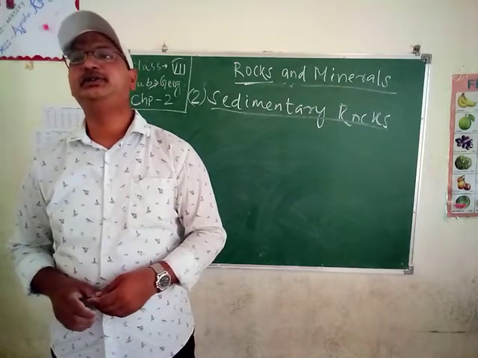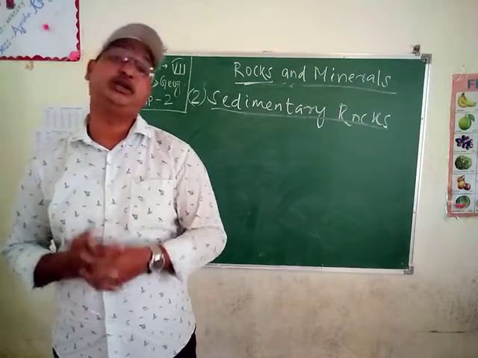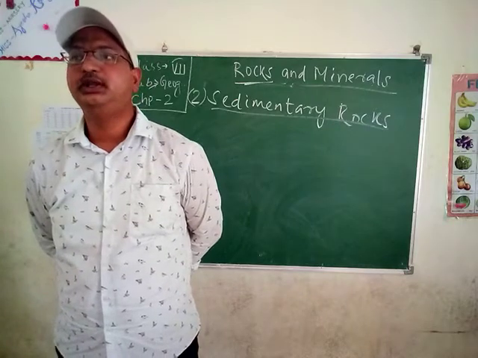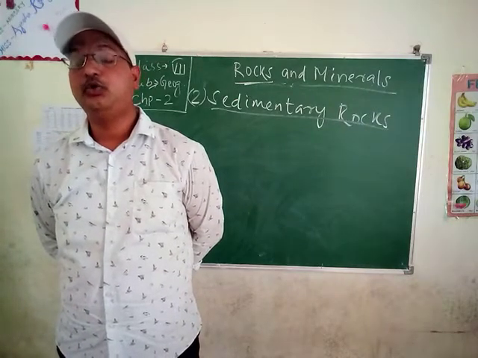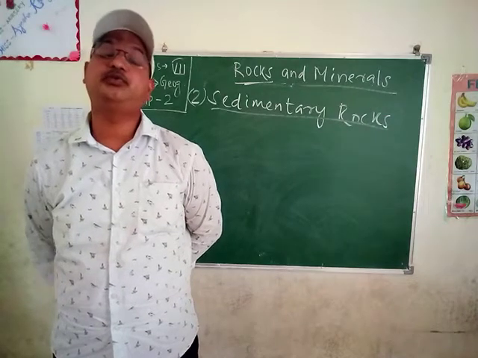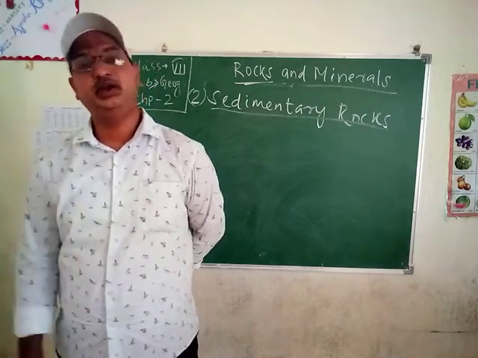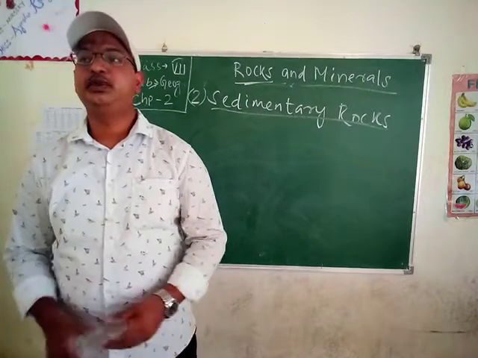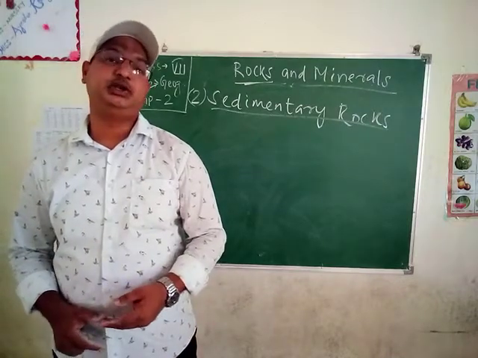So these sediments made up of many layers get compressed. Students, they get compressed and become hard over a period of time. These rocks have layers of strata and therefore they are also known as the stratified rocks, and thus they are known as the sedimentary rocks.